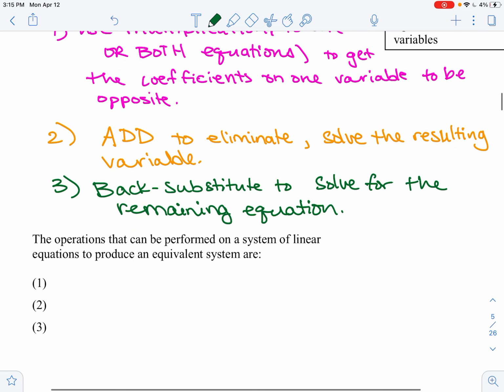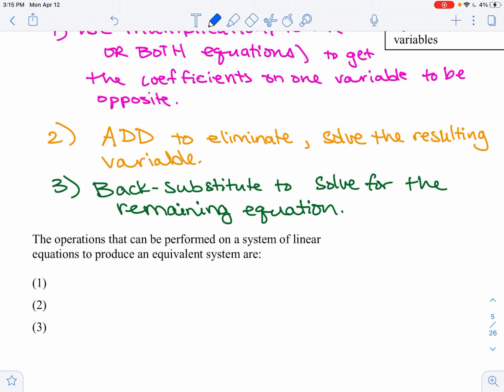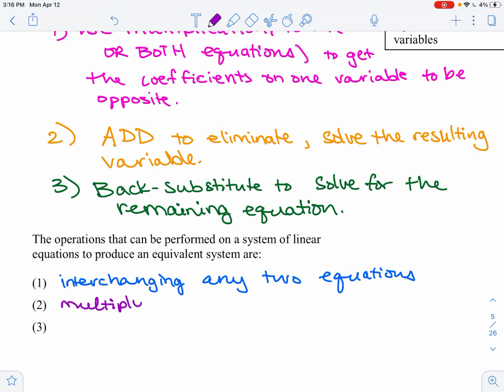So the operations that can be performed on a linear system are three things. We can interchange any two equations. We can multiply an equation by a non-zero constant.